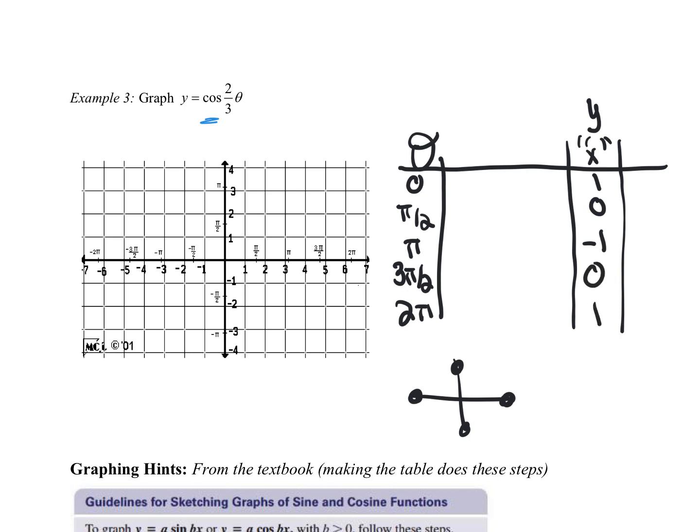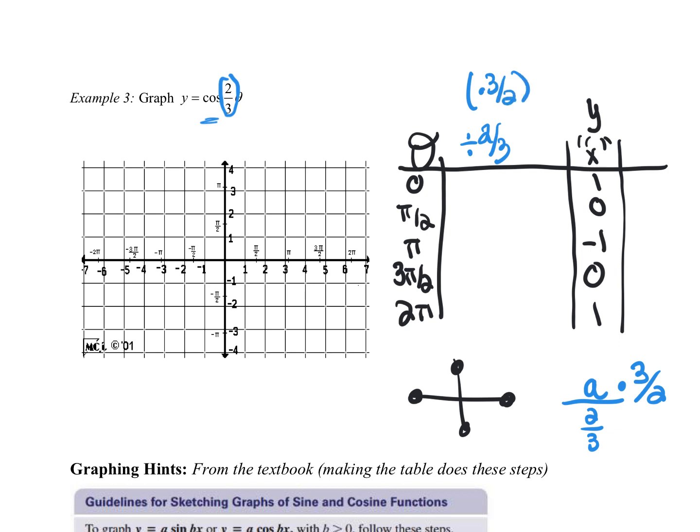In this problem, I have this right here, 2/3. It says multiply by 2/3, so we're really going to divide by 2/3. And if you think about that for a second, if I have a divided by 2/3, you keep, change, flip. So I need to really multiply by 3 over 2.